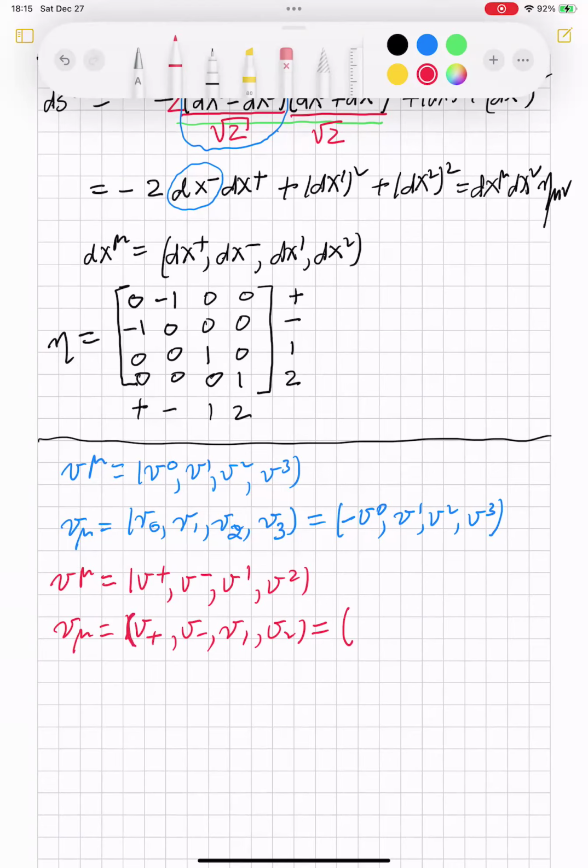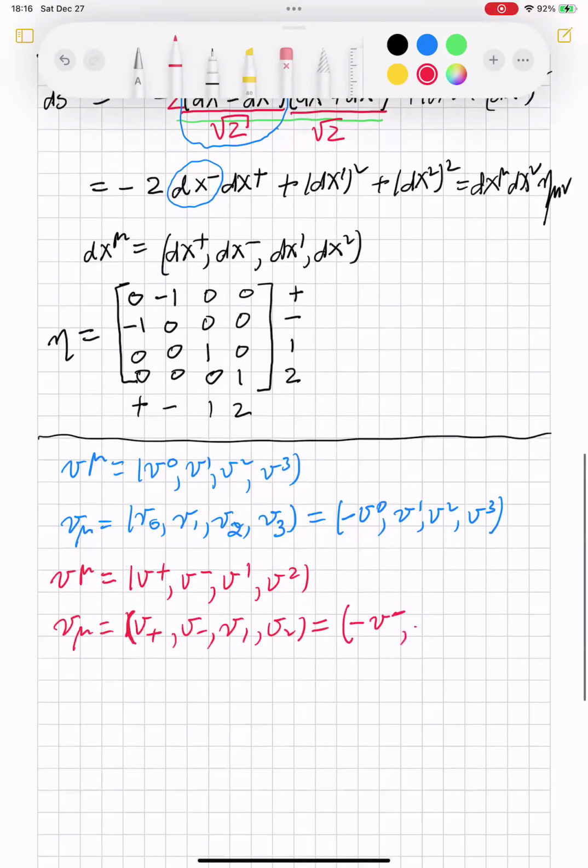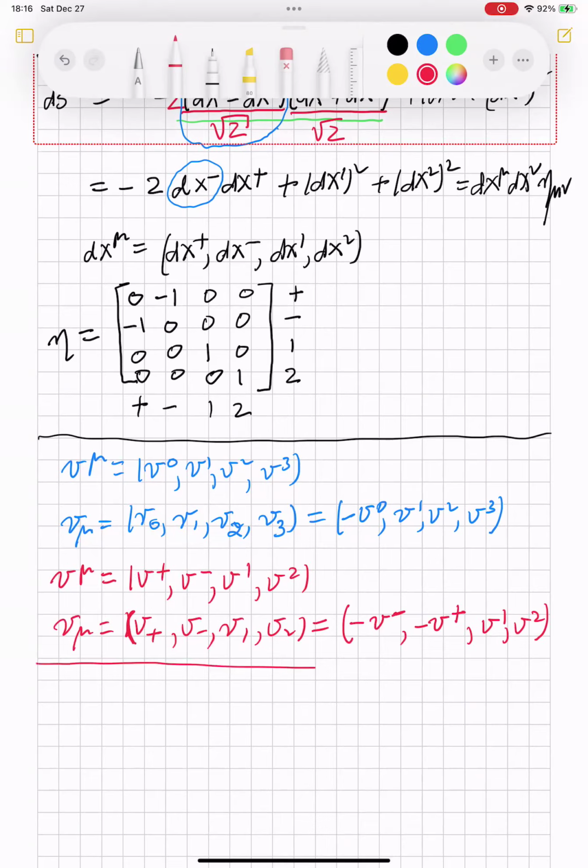You see, in the light cone frame, the metric is off diagonal and negative. So we get a change of sign, but the v plus downstairs is related to v minus upstairs. And the v minus downstairs is related to v plus upstairs. Then we've got a v1 and a v2. So we not only have to change the sign of the plus and minus indices when we raise and lower them, we also have to turn the minus into a plus.